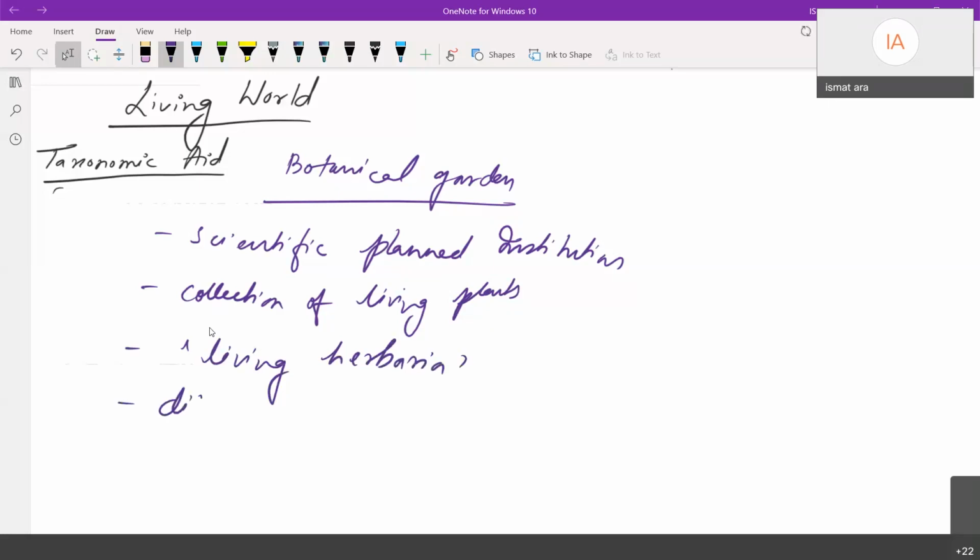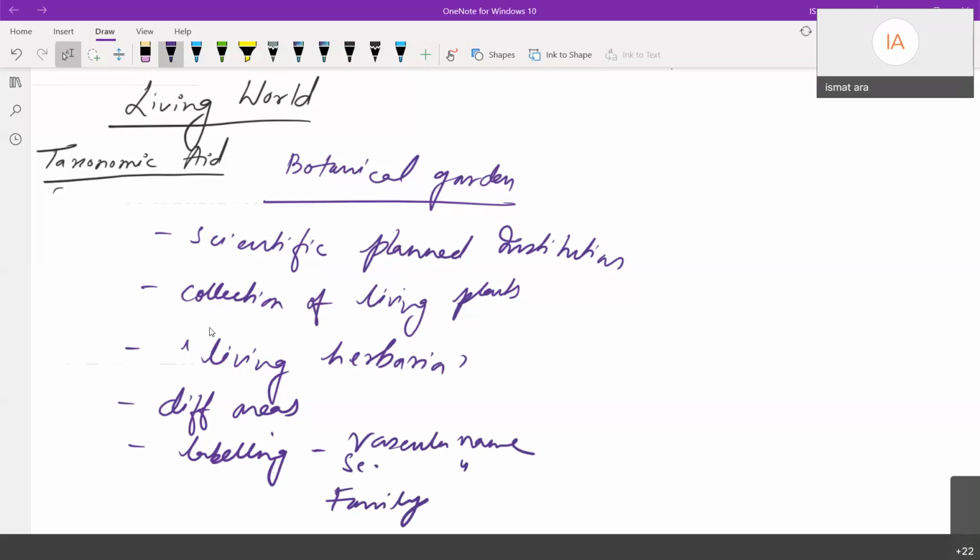There are different areas present. And how will you do the labeling here? Vernacular name, scientific name, and family.